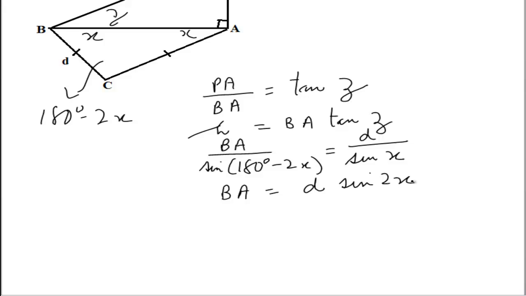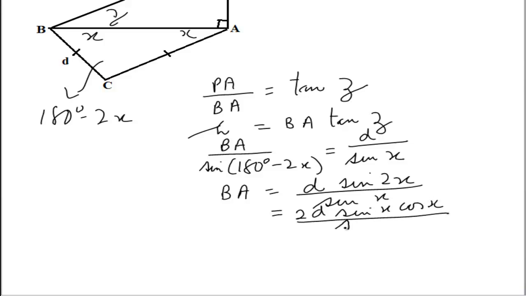Now that can be simplified to 2 sine x cos x. So 2D sine x cos x over sine x. Cancelling that, you'll get BA is 2D cos x. So therefore H is equal to BA, 2D cos x tan Z. And that concludes the problem there.